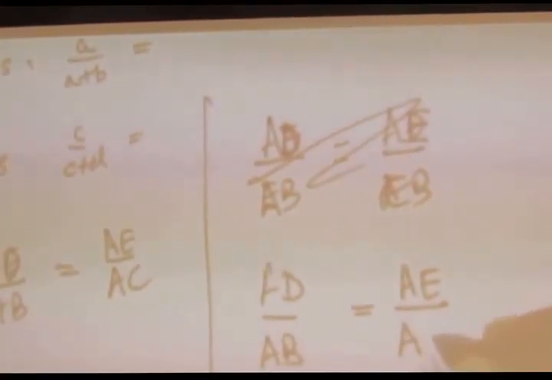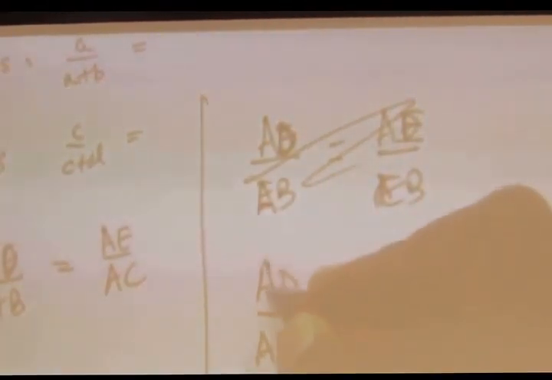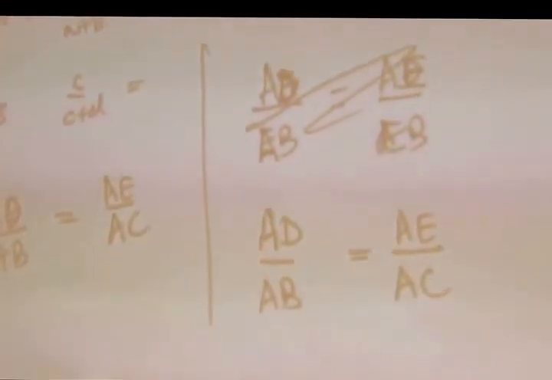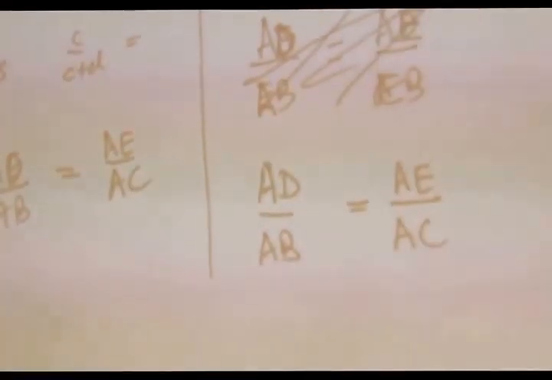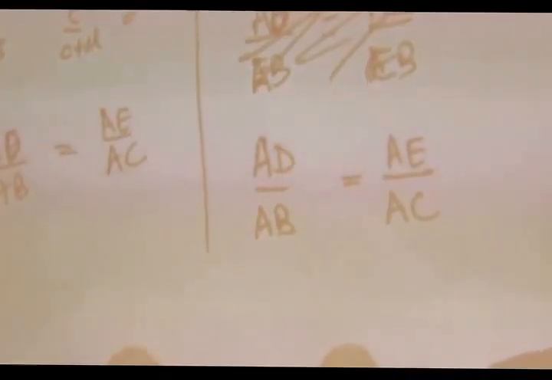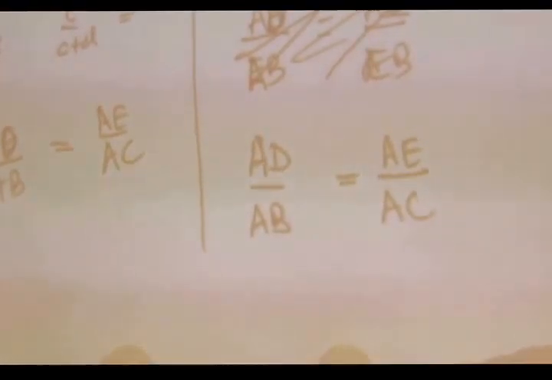AD over AB is equal to AE over AC. Right. Now, this is the fact we want to establish. What do we know?